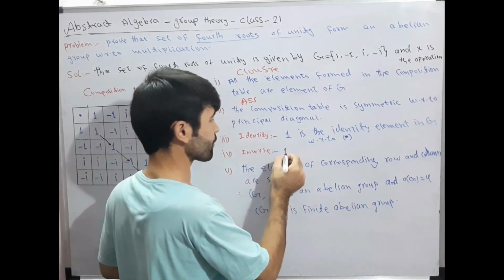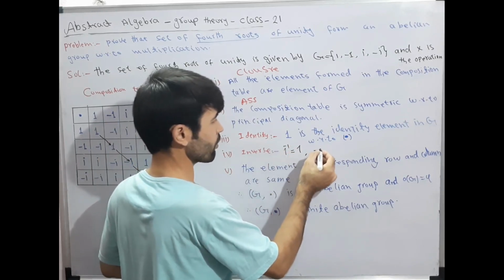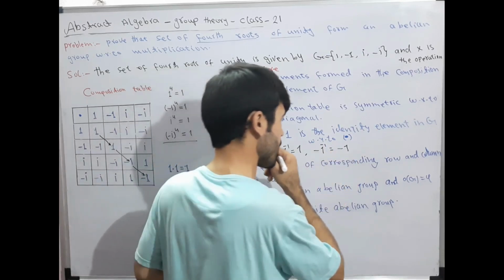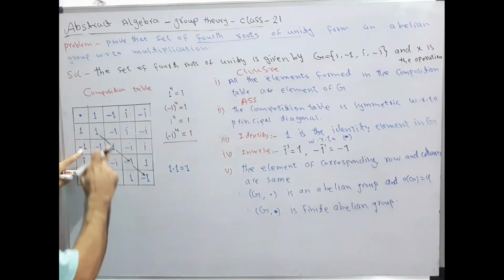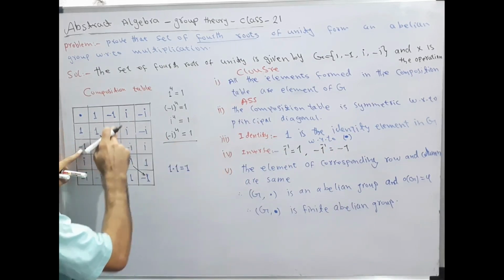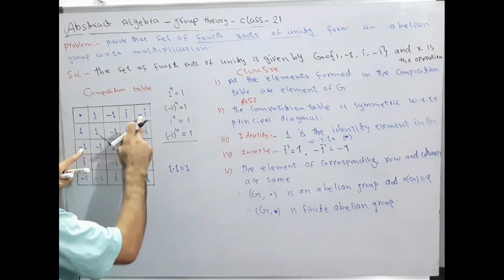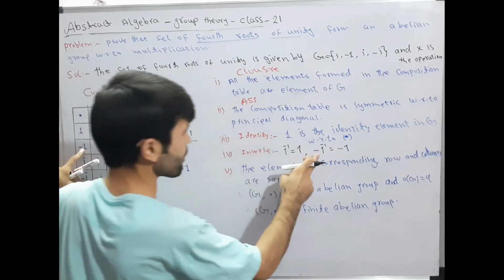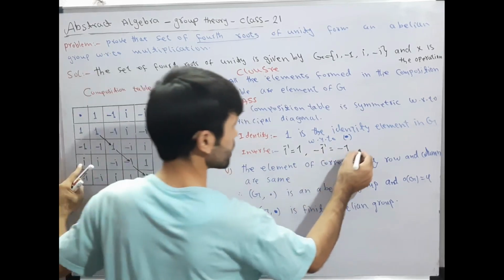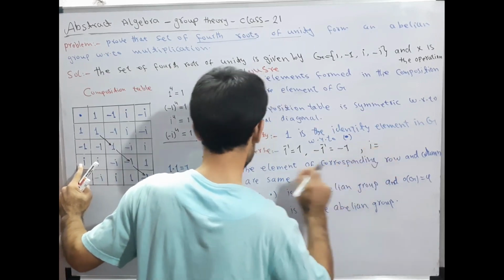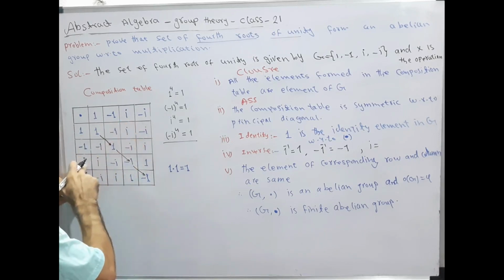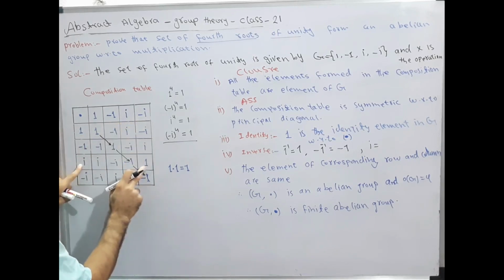Inverse of 1 equals 1. Inverse of -1 equals -1, because -1 into -1 should be the identity element. -1 into -1 is 1, so the inverse of -1 is -1. The inverse of i: i into which element should be 1? Here, i into -i is the identity element.